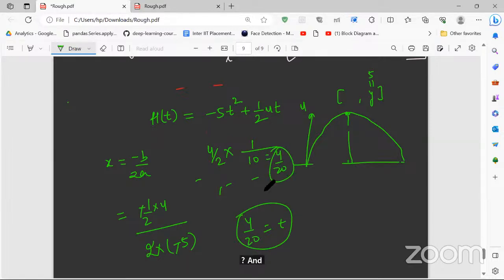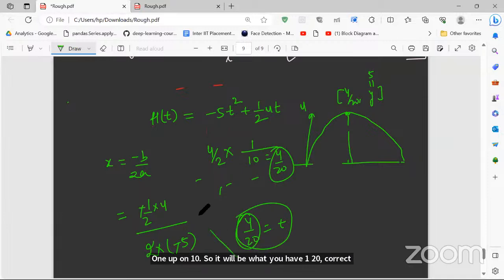From here also you are getting the same thing: you differentiate it, equate it to 0, and get the value of t, which is u upon 20. This is the x coordinate of the vertex.